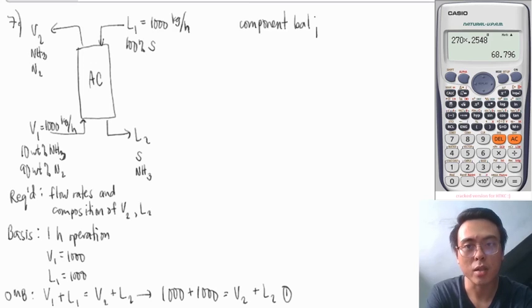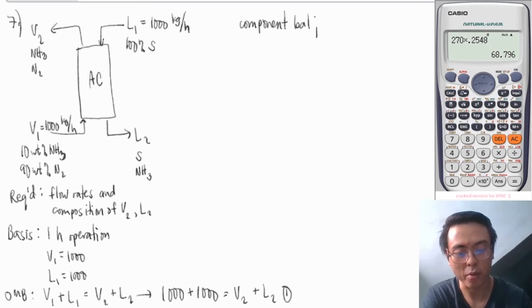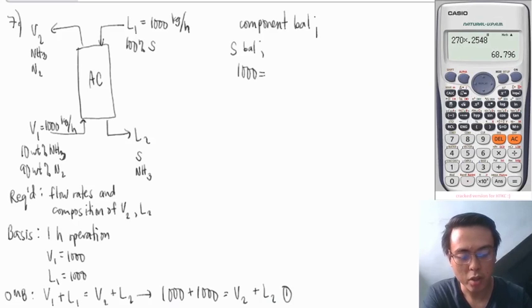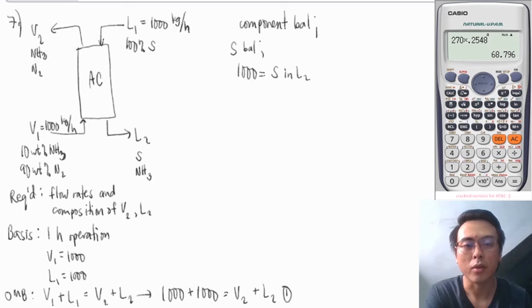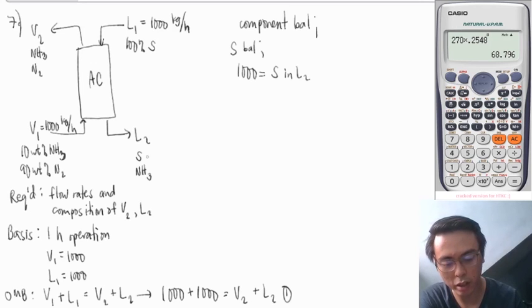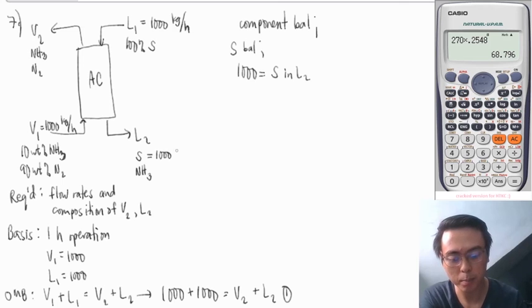The solvent S only enters in L1 and it exits at L2. So let's perform the solvent balance. For the solvent balance, input is 1000. The output is how much S is in L2. Therefore, we now know that the amount of S or solvent in L2 is also 1000 kilograms. So let's write here S in L2 is 1000 kilograms.